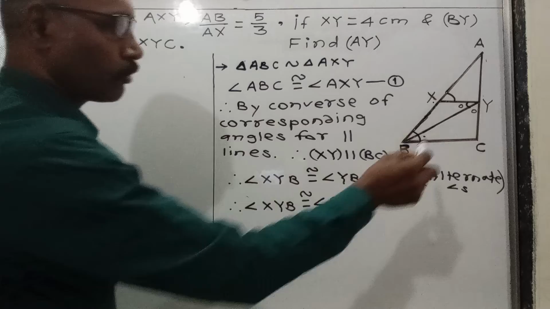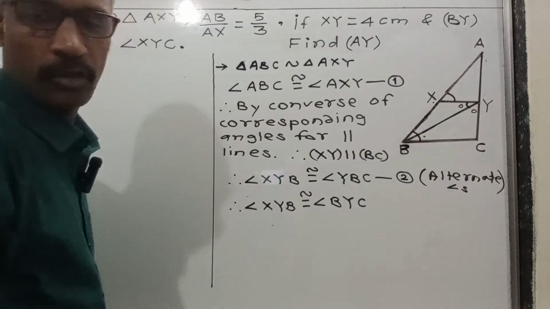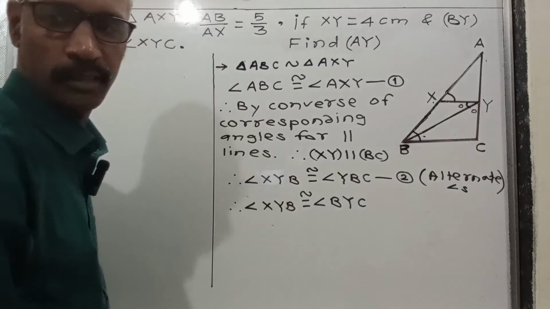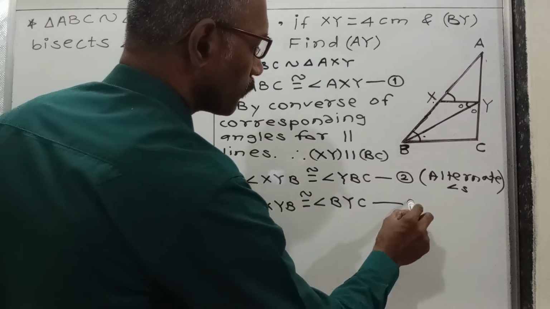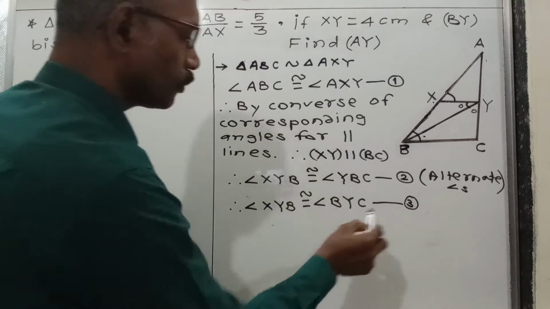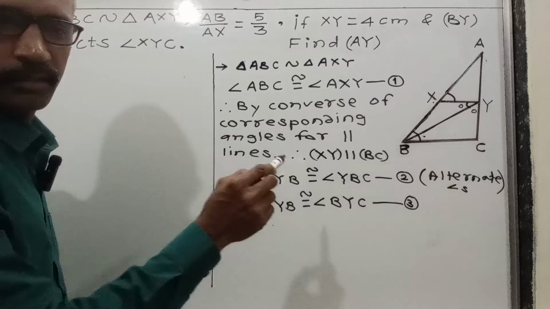Did you get it? Because BY is the bisector of angle XYC, these are congruent. Now, equation number 3.